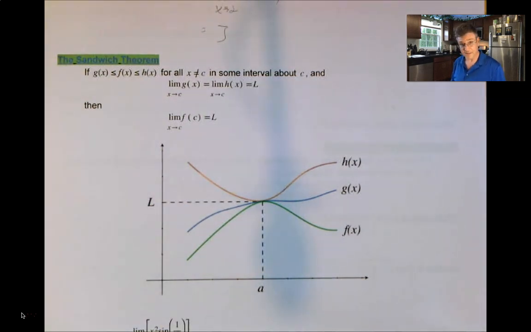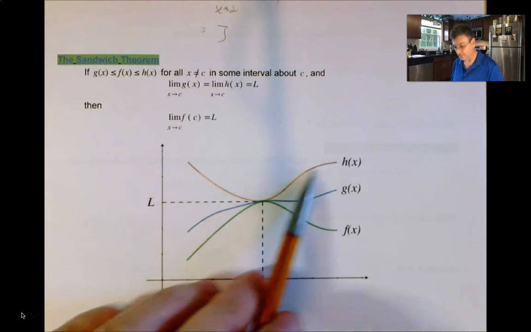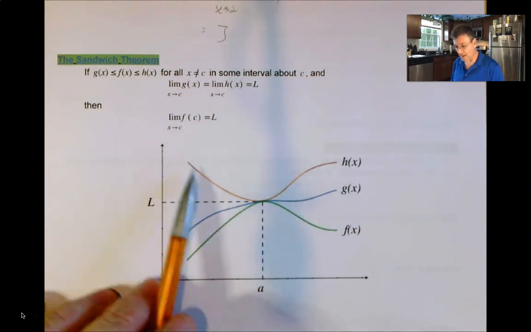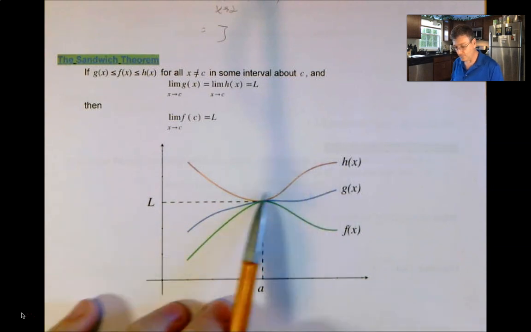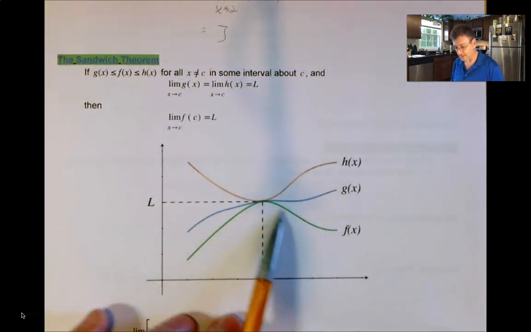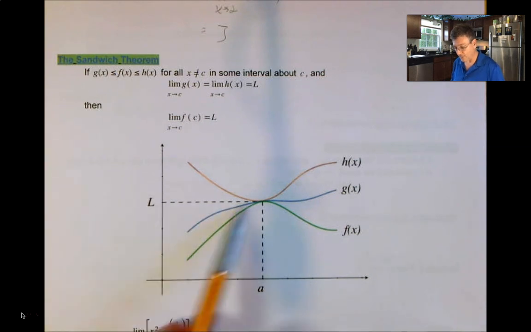What the sandwich theorem basically says is if we have one function, h of x, that we know is always above or equal to another function, f of x, then we can sandwich these two functions around another function that maybe we can't find the limit of.